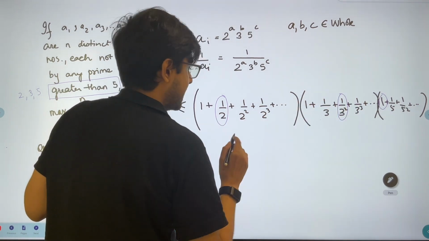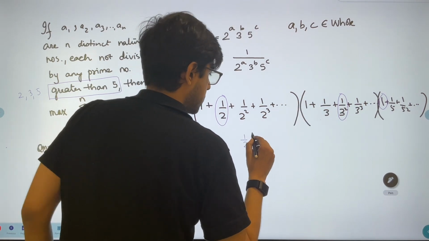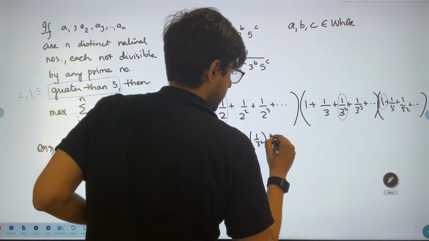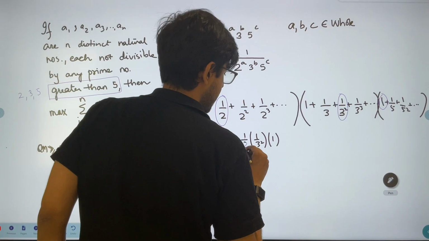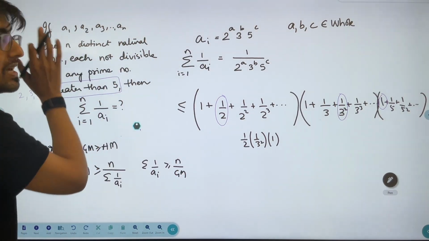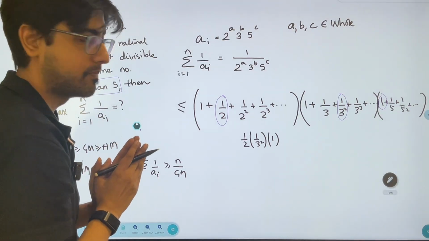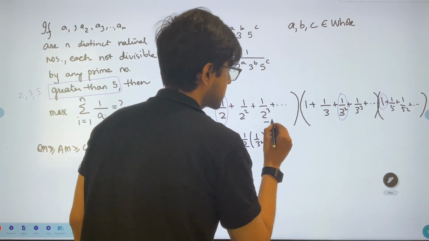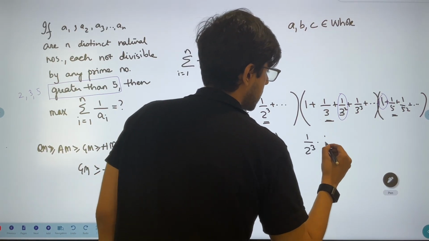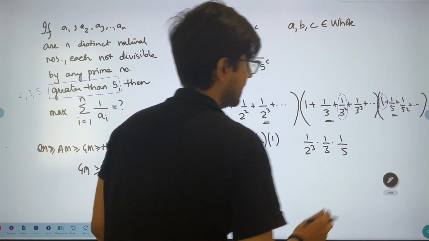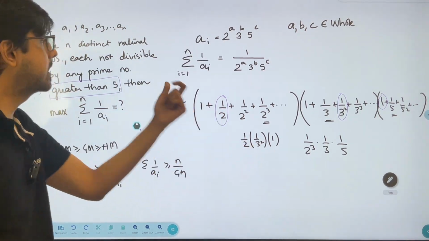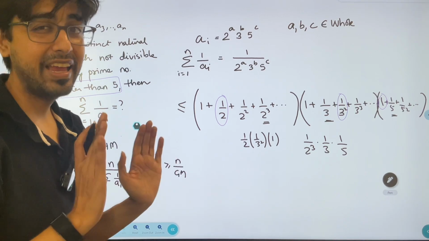When I multiply that, I will get 1 by 2 into 1 by 3 square into 1. Now this is a term that is one of the AIs in this. Let's take another one: 1 by 2 cubed, 1 by 3, 1 by 5. Now this is another term distinct from the previous one that is a part of my AI.